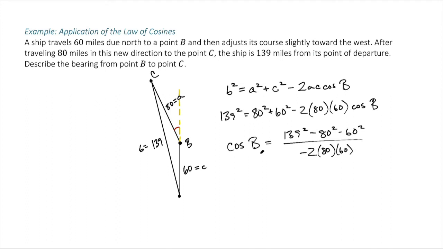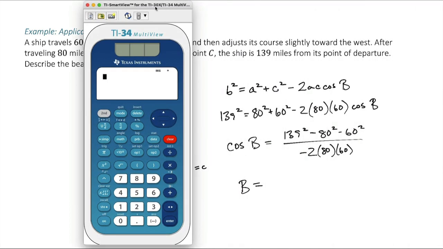And then, of course, we'll do the inverse cosine to get our angle B. So let's go ahead and plug that all in. We've got our inverse cosine of 139 squared minus 80 squared minus 60 squared over negative 2 times 80 times 60.